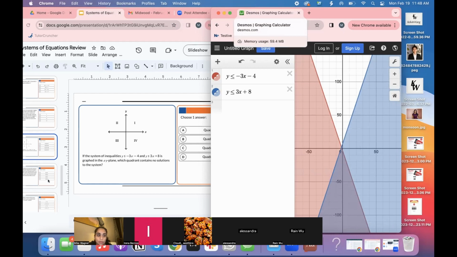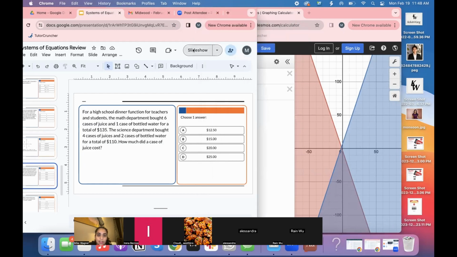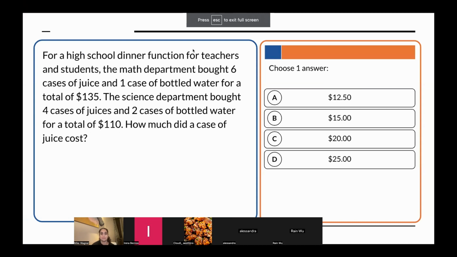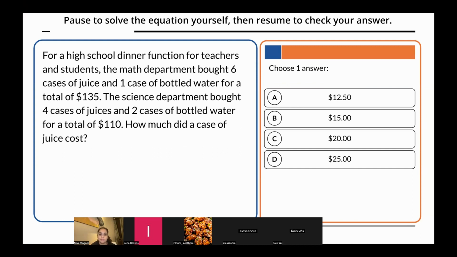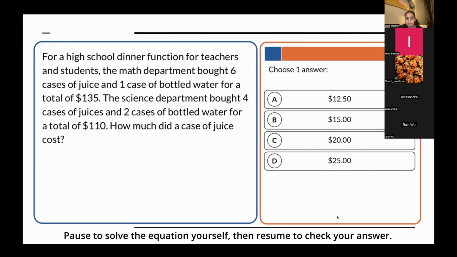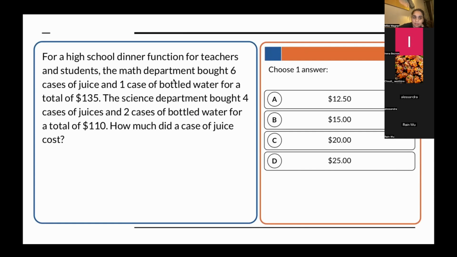Okay, let's move to this one. Let's take about 2 minutes to work on this. Okay. The question is asking for a high school dinner function for teachers and students. The math department brought 6 cases of juice and 1 case of bottled water for a total of $135.